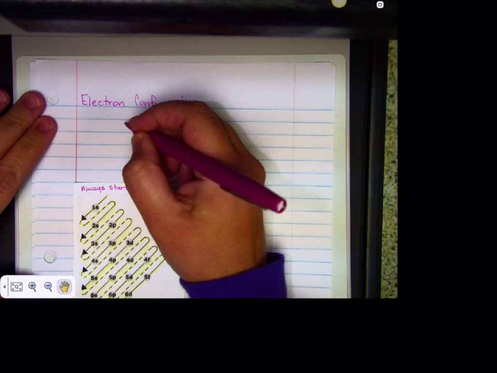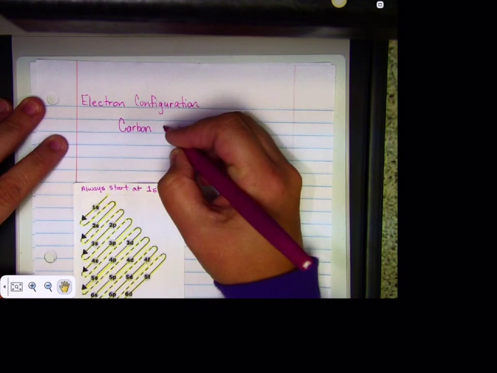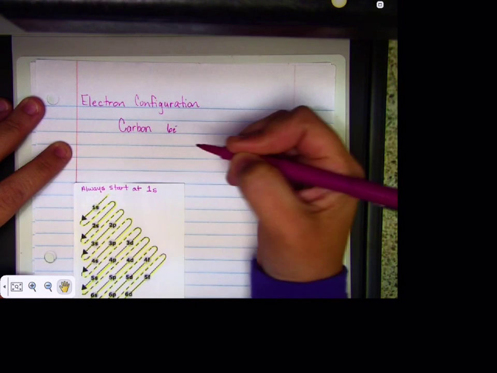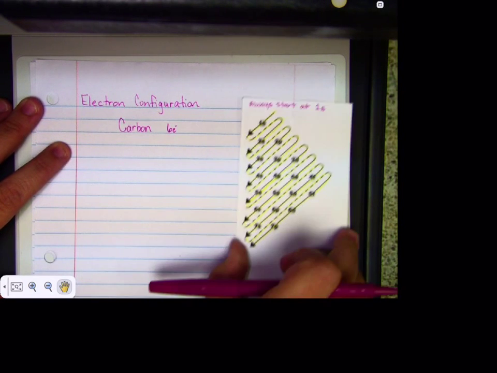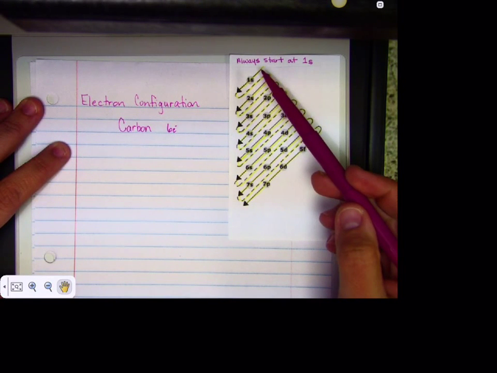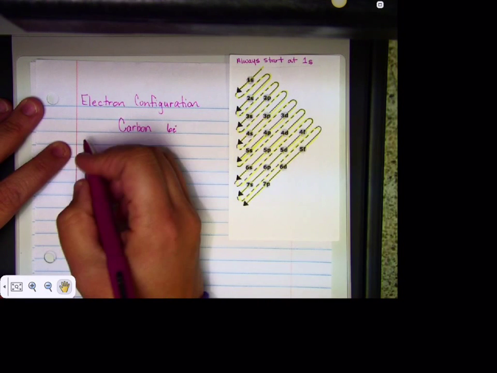Alright, so we're going to do carbon. And again, carbon's atomic number is 6, so that means that it has 6 electrons when neutral, and we're doing these all neutral elements. We're going to use Aufbau, and again, we always start at 1s.